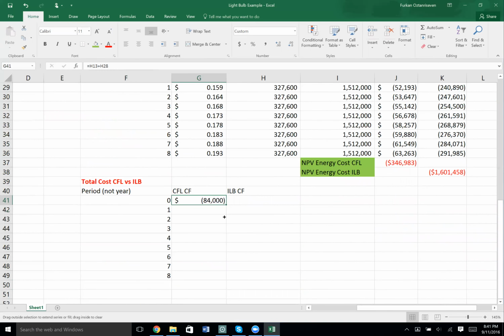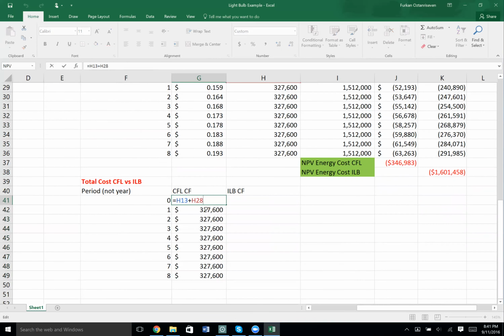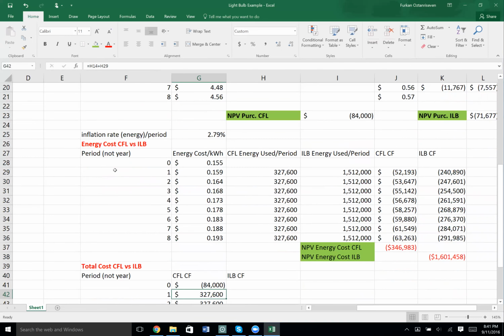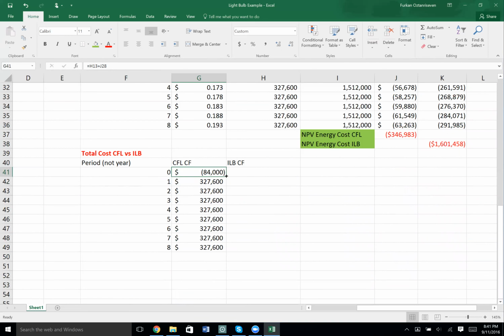Okay, I can just copy my formula. Oh, there's one mistake here. As you can see here, we are summing with energy use. I don't want to sum up with energy use, I want to sum up with CFL cash flows in terms of energy costs. Okay, so now I can copy paste the formula.